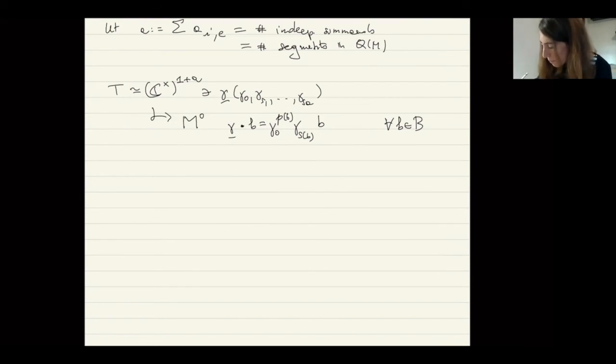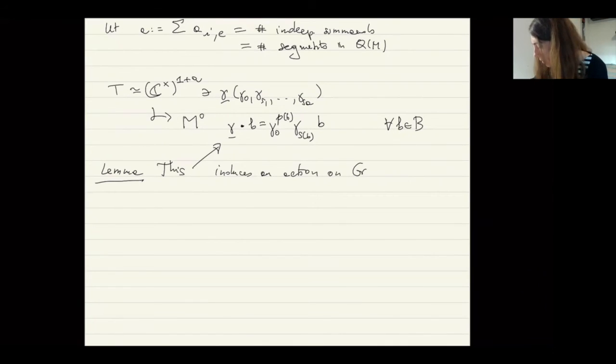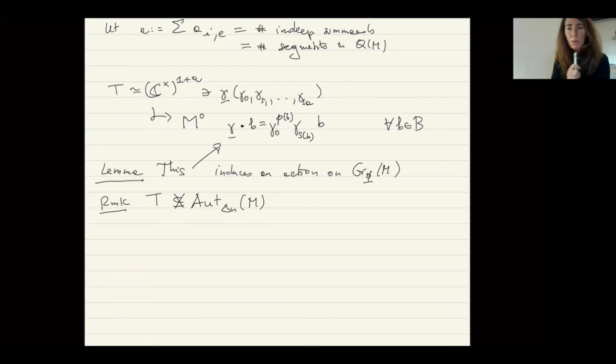And now the lemma is that this induces an action on the quiver Grassmannian. Well, let me just make a remark. The remark is that T is not a subgroup of the automorphism group of M as a representation of Delta_n.